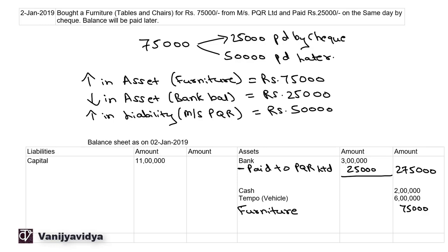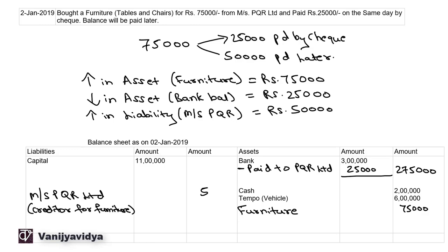PQR. So we have to record a new liability payable to Messrs. PQR 50,000. So in liability side, PQR Limited, we'll write it as creditor for furniture. He is not creditor for your ordinary goods. He is creditor for purchase of asset.